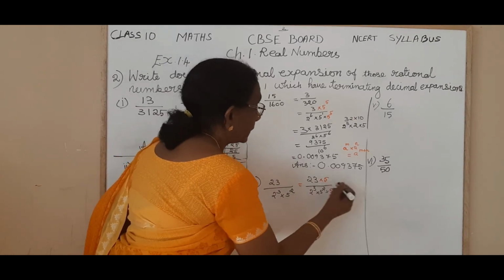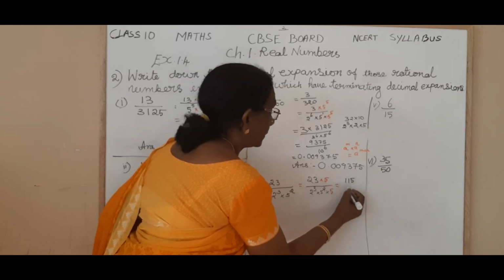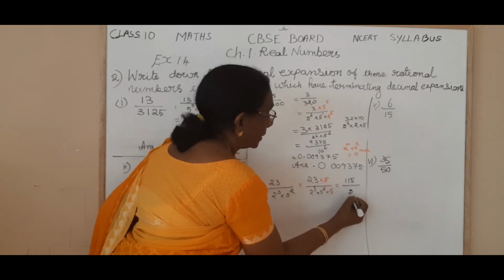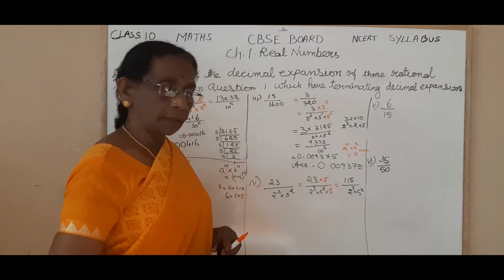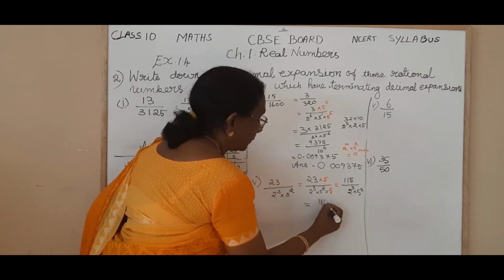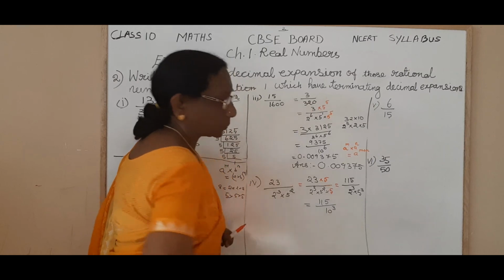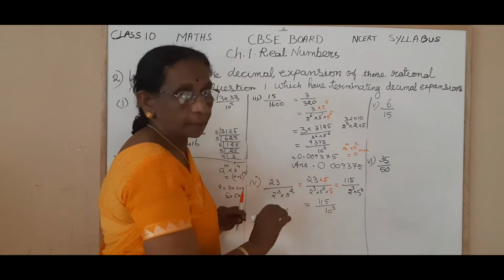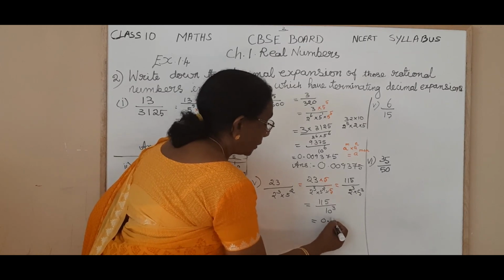So 115 by 2 cube into 5 cube. Isn't it, children? So now 115 by 10 cube. So already 3 digits are there. So the answer is what? 0.115.